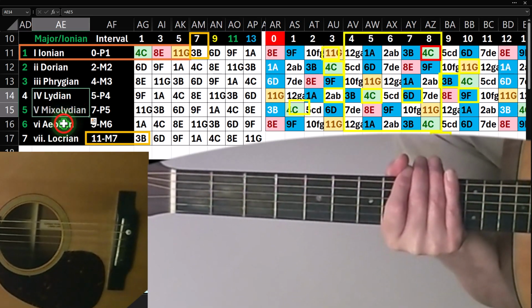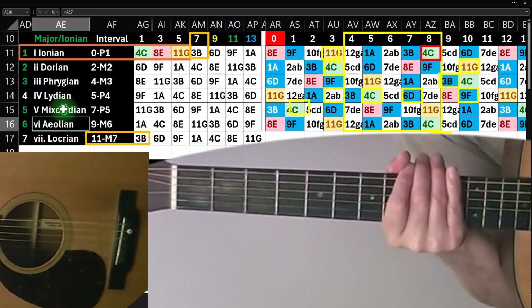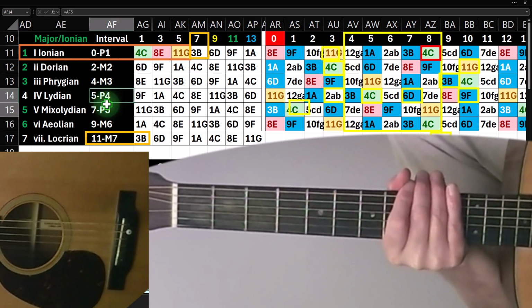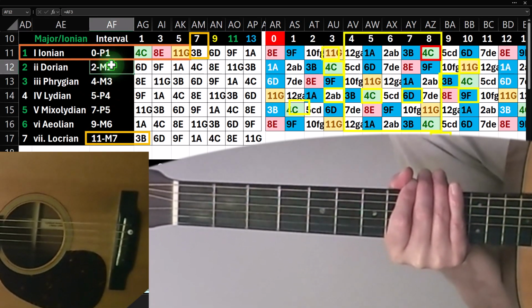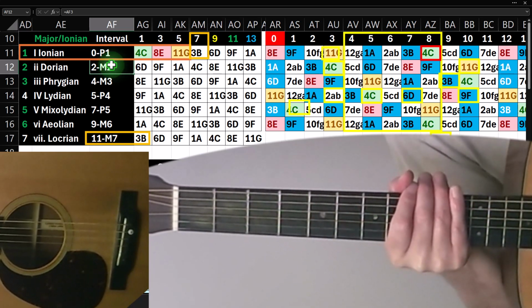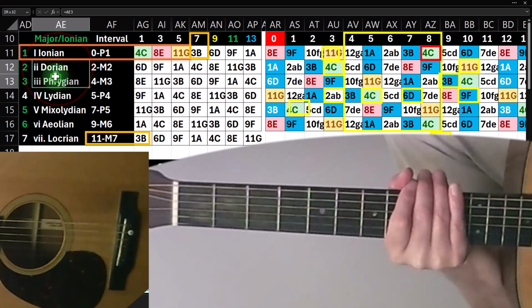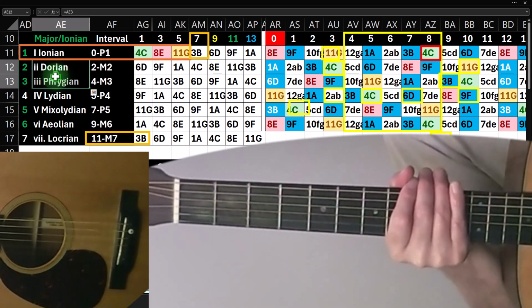And the minor mode, the Aeolian mode, you can almost think of as the opposite of the major. That means the perfects remain the same. The majors will be flipped to minors, except for that weird second, which stays major. And if I can memorize that, then I can compare the other minor modes to the major mode, and there's only going to be one interval difference.